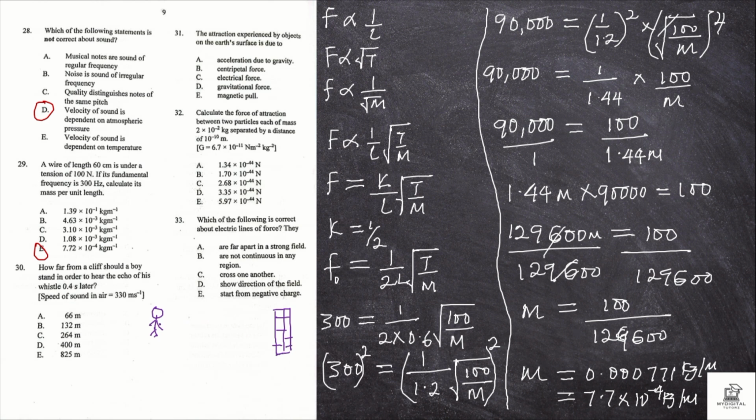So if the boy claps, the sound will travel a certain distance x, and the echo will be heard back after 0.4 seconds. So the total distance for the sound in air, we can call this one the total distance d, will be equal to 2x. Is that clear?